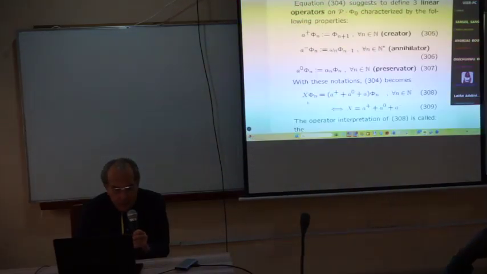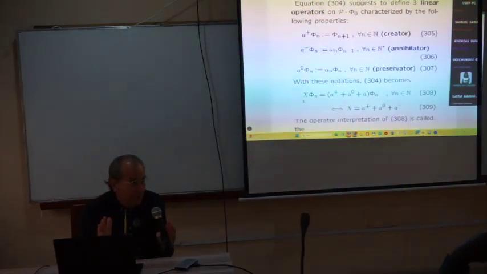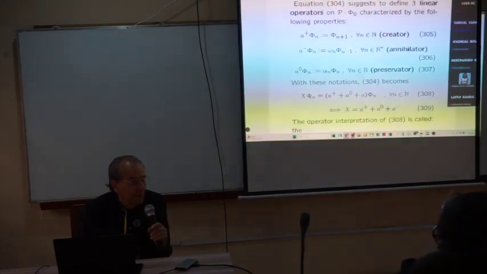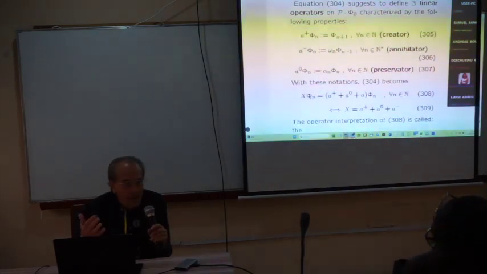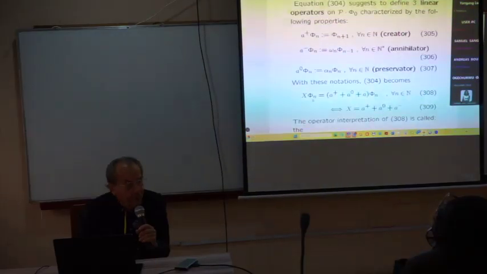Now we have operators which are everywhere defined on the pre-Hilbert space, and the Vn are a basis of the pre-Hilbert space. It means any element of the pre-Hilbert space is a finite linear combination of Vn.